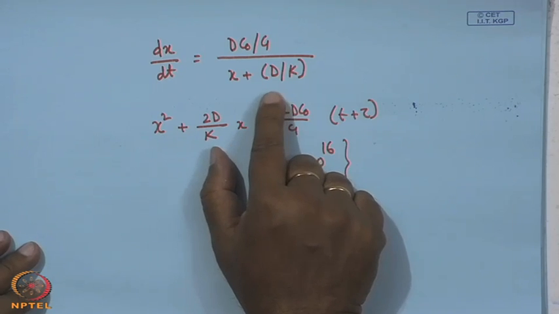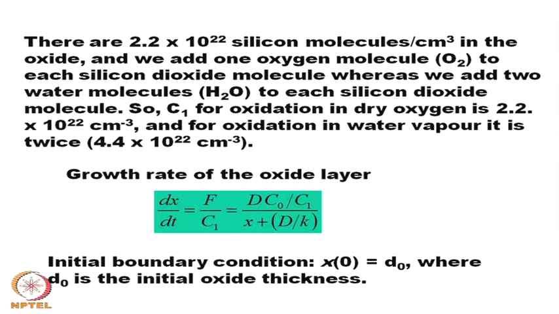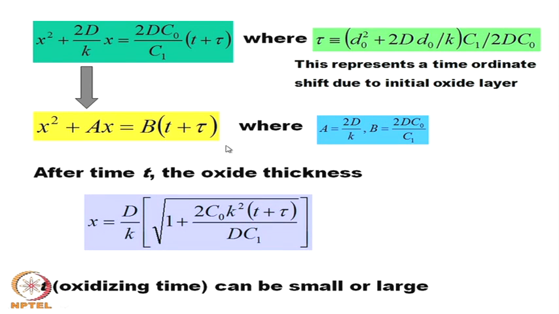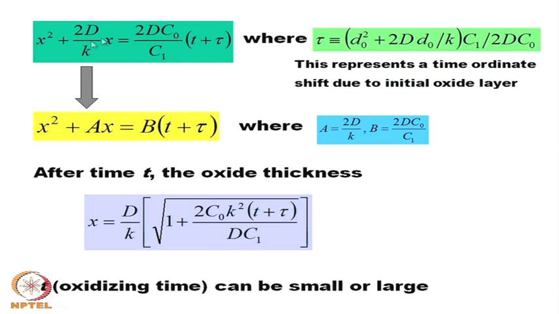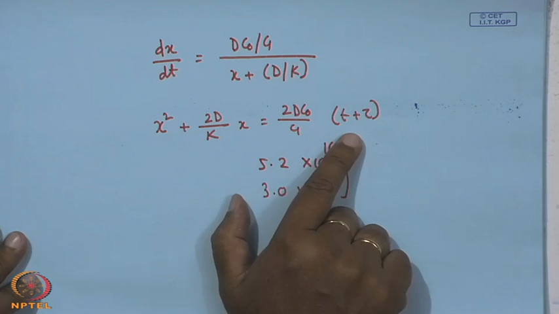It has an initial boundary condition that at x equals x0, it is d0, that means it is the initial oxide thickness at t equals 0. So we are considering that there is always an oxide layer formed at the surface of the silicon, and with this boundary condition we can write this expression, that means x square plus 2 D by k into x equals 2 D C0 by C1 into t plus tau.